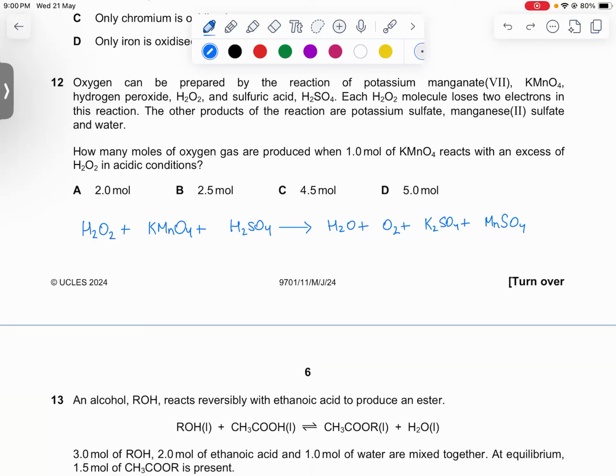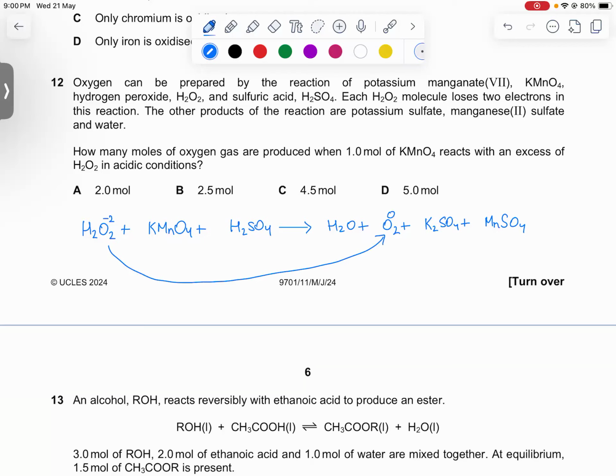Now some things that you can remember for life: when H2O2 reacts, it usually gets oxidized or reduced, one of the two. For example, KMnO4 is an oxidizing agent, so in this case H2O2 is going to get oxidized. And what is going to get oxidized in H2O2? The oxygen. You can clearly see O is -2 over here, and it has just gone to 0 over here.